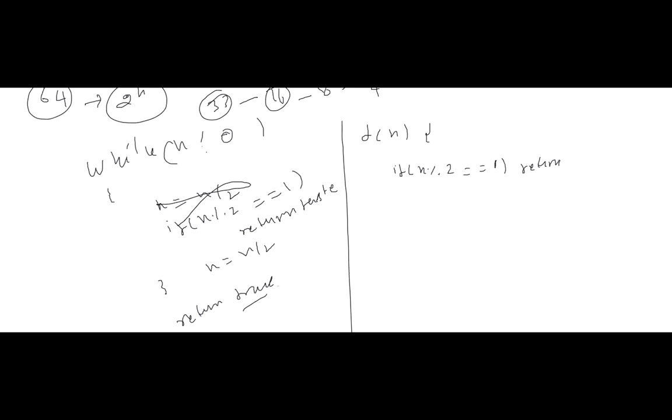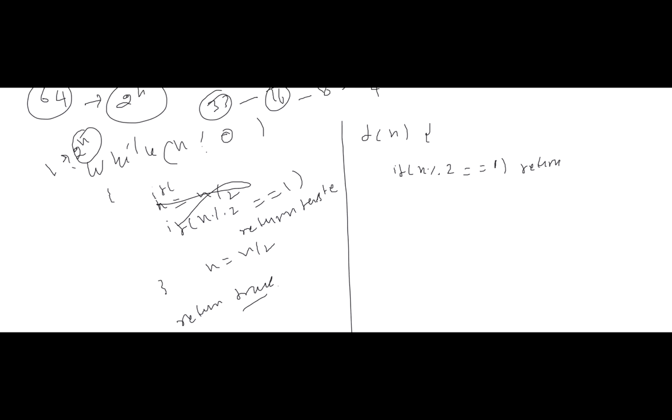Do you know why? Okay. Can you say 1 is the representation of 2 to the power n or not? It is 2 to the power 0. Yeah. So similarly here, if we are passing 1, it will fail, right? Are you getting me? Because 1 mod 2 becomes 1. We also need to put one more condition.